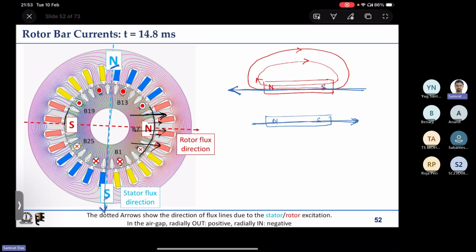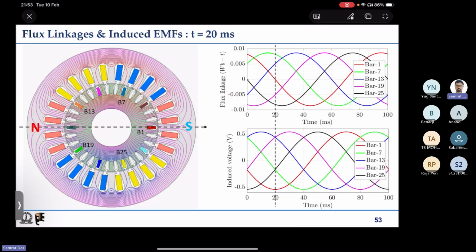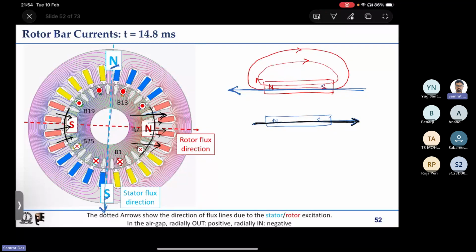On the opposite side, flux lines are entering the surface, so it has to be the south pole. As soon as we have given the polarities in the rotor, we follow the same convention that we have taken for field direction. It could be opposite also, but we have taken the convention that field direction is indicated by an arrow from north to south.